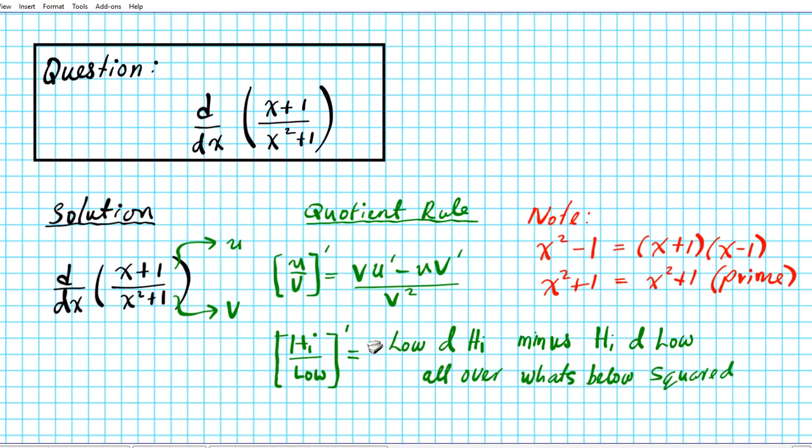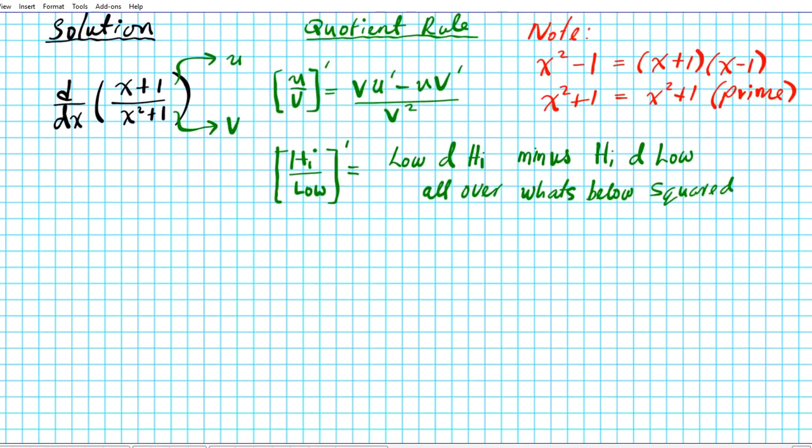Alright, so we have the formula in two formats. We're going to go ahead and apply it to this problem. So we have the derivative of (x plus 1) divided by (x squared plus 1). So we have v u prime, or low d high. We already identified v as x squared plus 1.